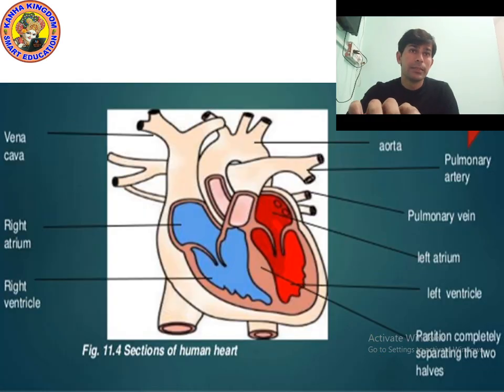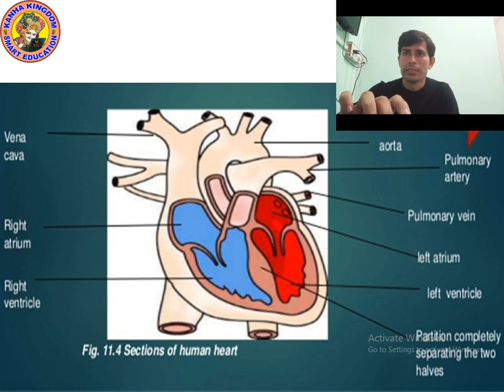As you can see the picture of the heart, there are different parts. You can see the vena cava, four chambers: left atrium, right atrium, left ventricle, and right ventricle.